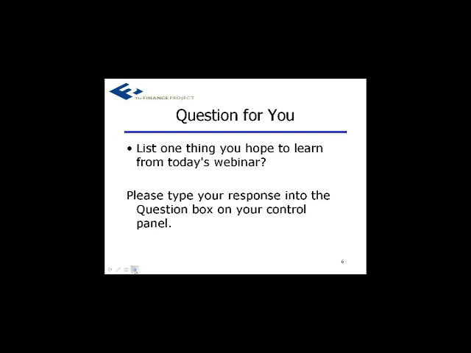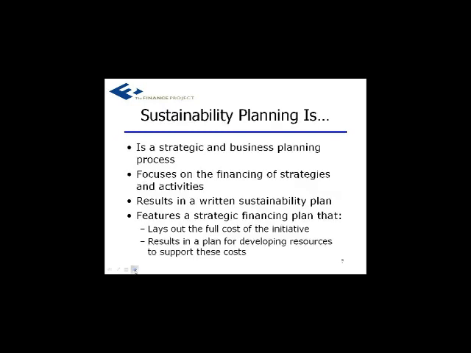And one of the most important results that comes from a sustainability planning process is that it creates a common language and a common opportunity for a set of peers to have conversations about sustainability, because it is a complex strategic and business planning process.